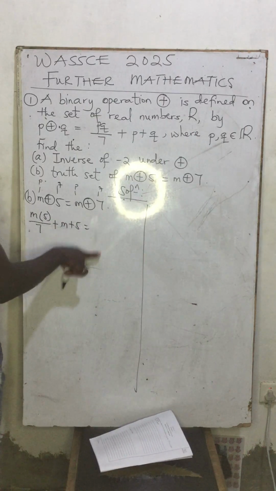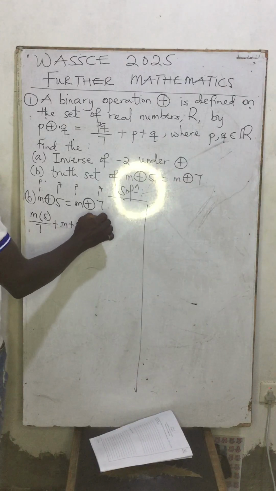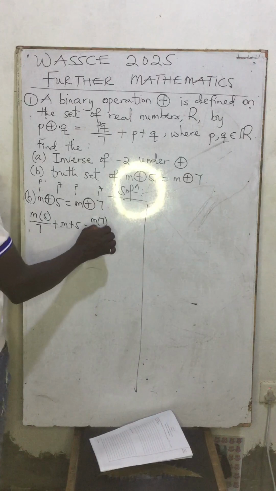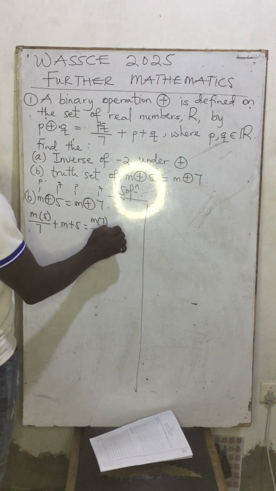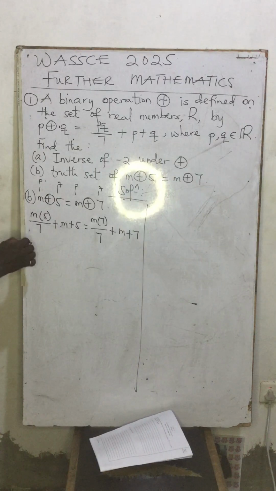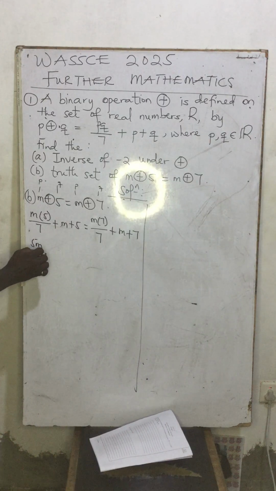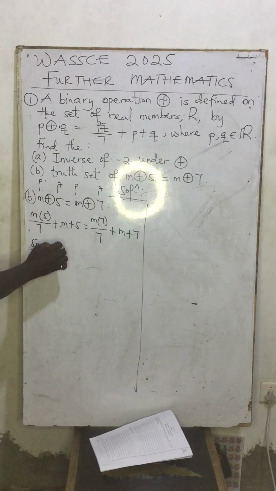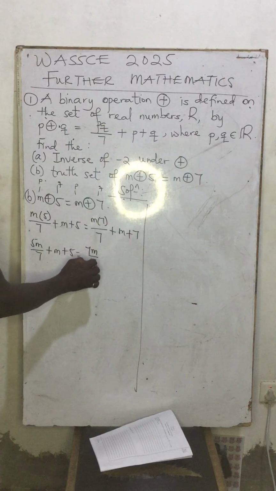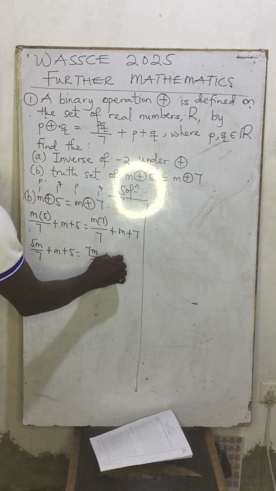P, which is M times 7 over 7 plus P, which is M, plus Q, which is 7. So this is what we have. So we have 5M over 7 plus M plus 5 equals 7M over 7 plus M plus 7.